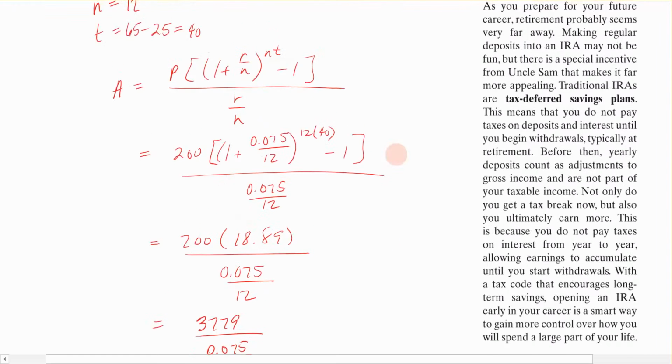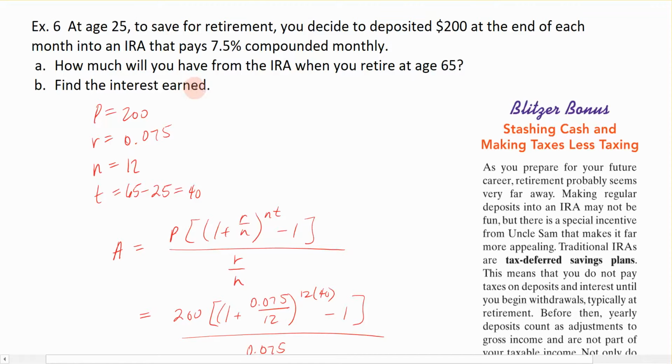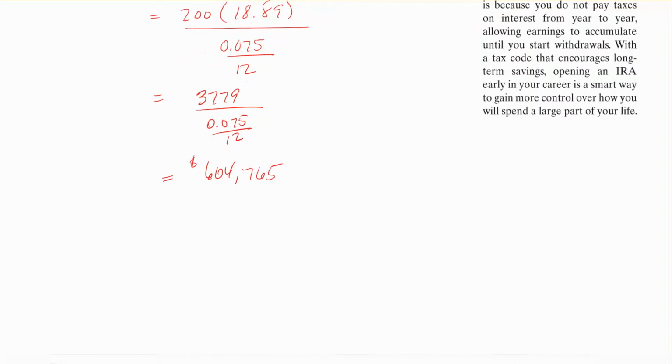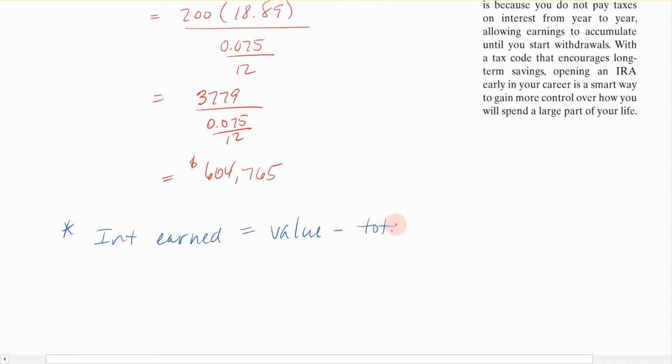Now, the second part of this question says, how much interest did you earn in the lifetime of this annuity? So I'm looking at the interest earned, which is the value of the annuity minus my total deposits that I put in. So in other words, 604,765 minus my deposits. How many deposits did I put in?